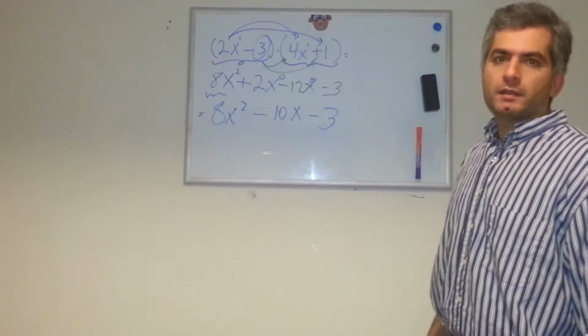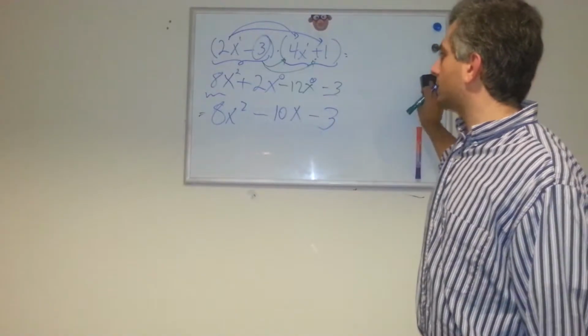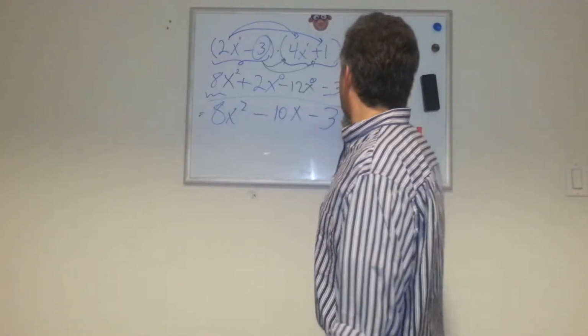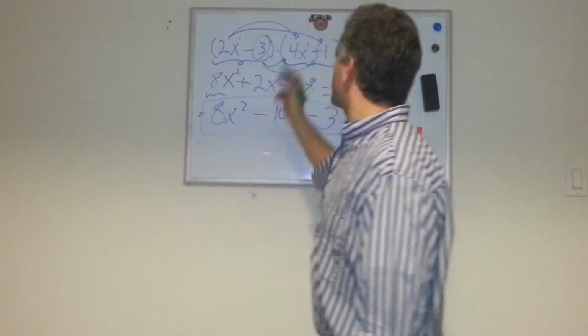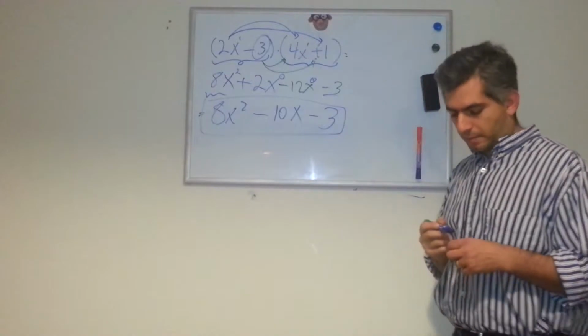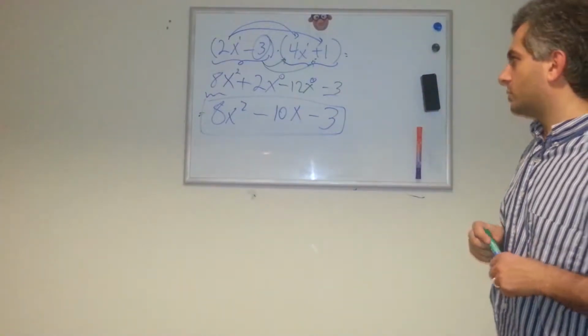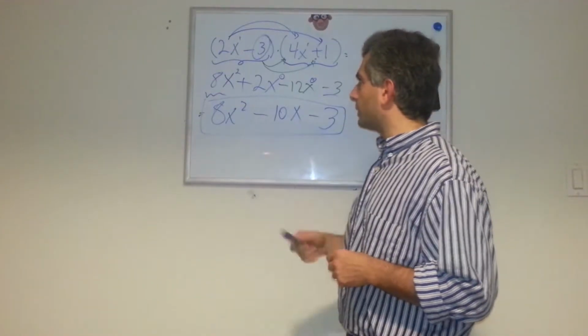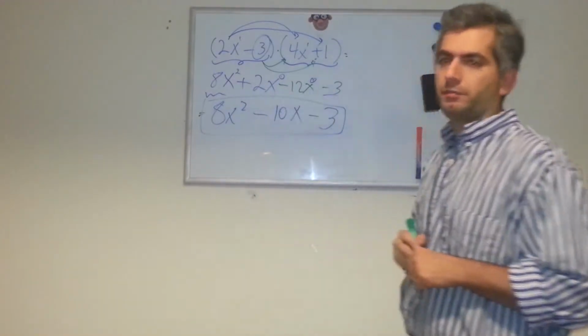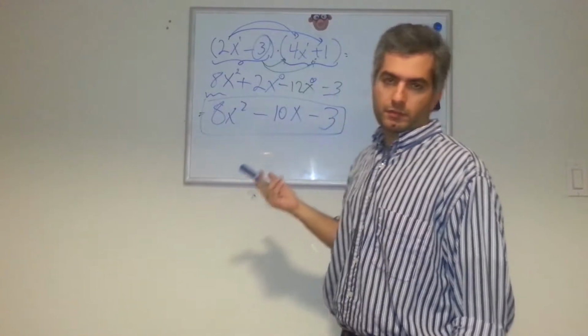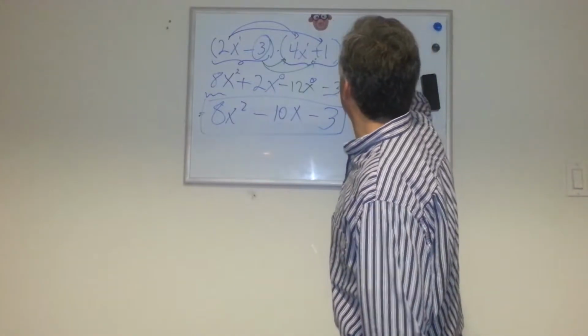Now, this covers the solution for this binomial being multiplied with another binomial, where multiplication is involved. We expanded using a system. You probably learned it. It's called FOIL.